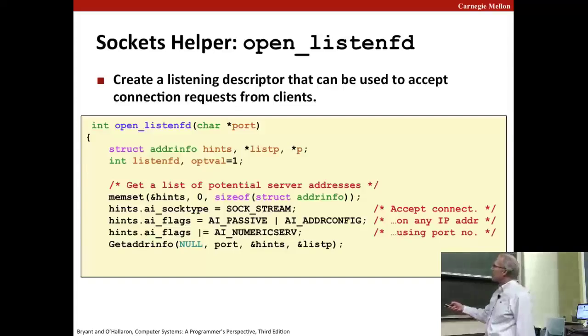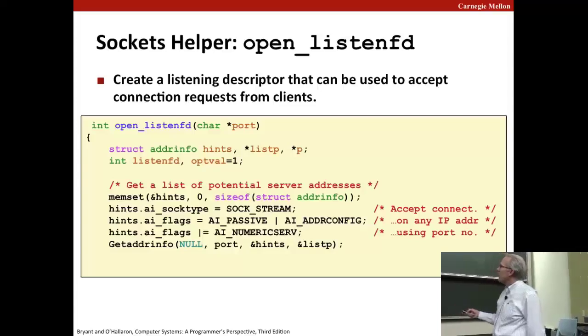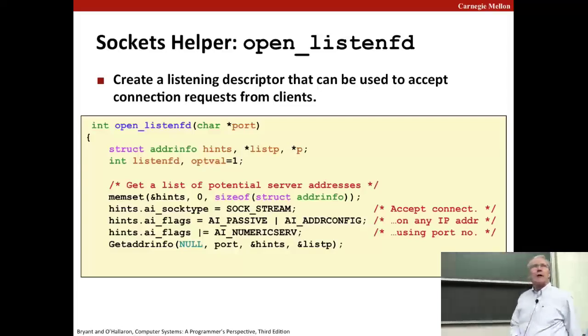So I'm going to say this time again I want a TCP connection, a sock stream. I want it to be listening for any IP address connection coming in. So it's passive, meaning it's not actively reaching out, it's passively waiting for connection requests.